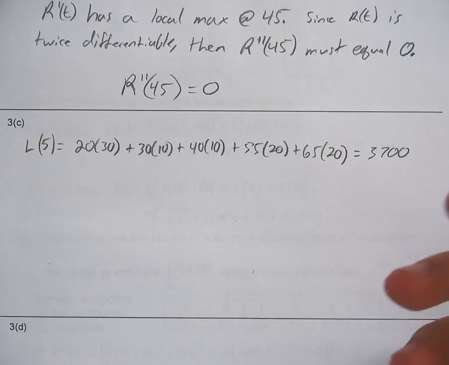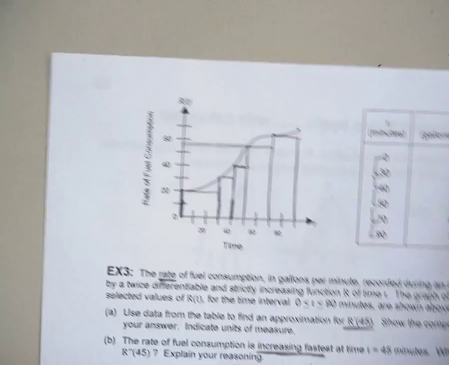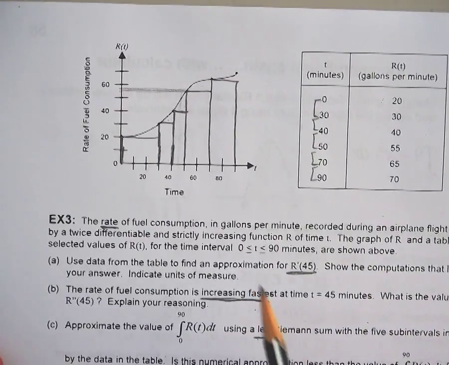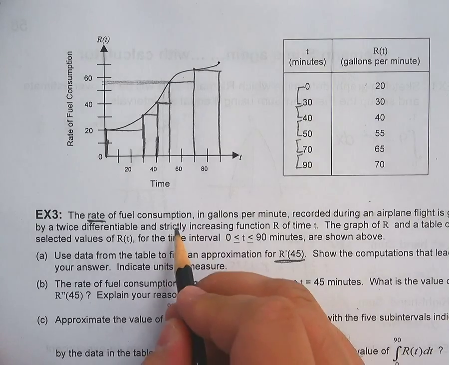Now, is this going to be an over approximation or an under approximation? Well, it's obviously under. Look at it. You're missing all these bits here. And that has to deal with the strictly increasing.